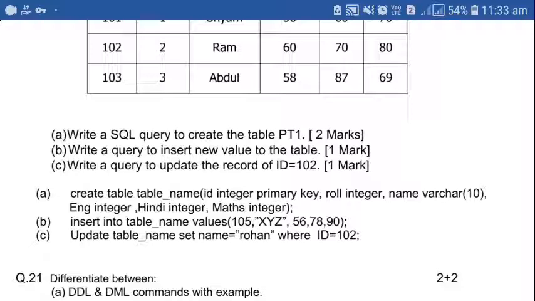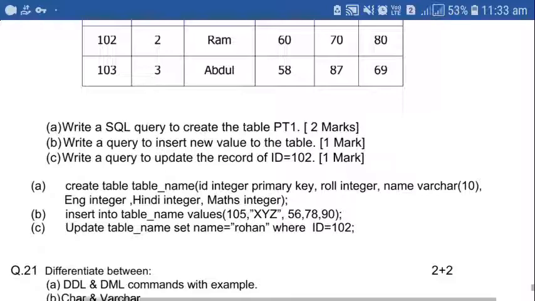If you want to change the name of that particular record to another name, you can write update, name of the table, set name, whatever you want to change, where ID, where is the condition, and that particular ID is the one whose name you are going to change. So this is called the update command. So update, insert, create: this type of SQL command will 100% definitely come in the examination.